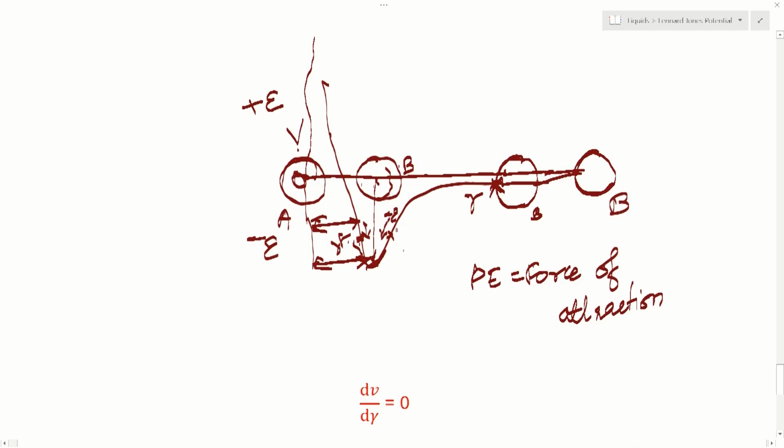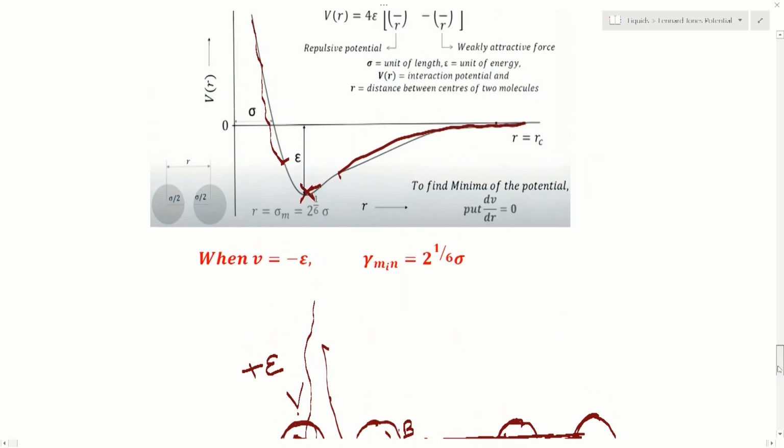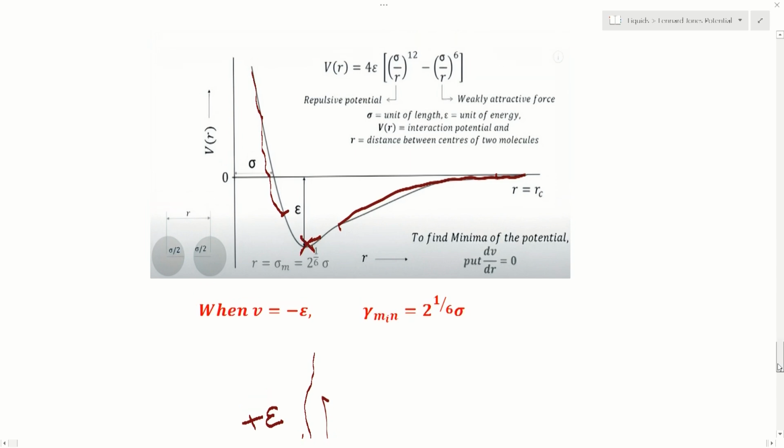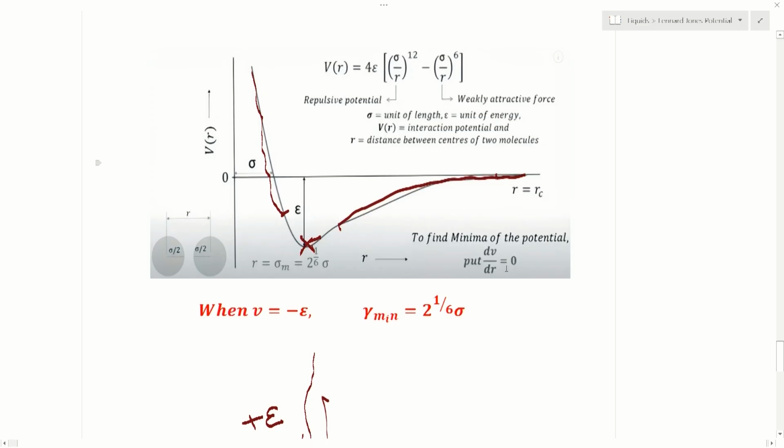Now we have the condition that when the potential becomes minimum, the differential of potential energy with respect to the distance, dV by dr, will be equal to 0.